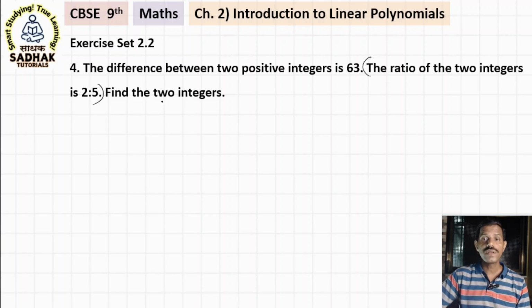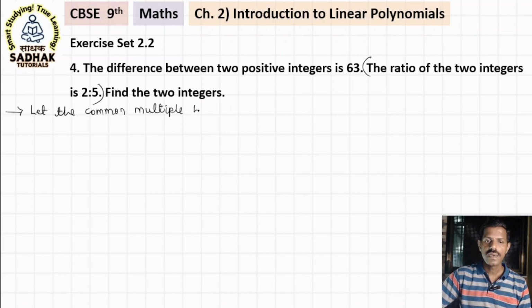The ratio of the given integers is 2:5. Okay, so that means they will have some common multiple. So that will be our first step. Let the common multiple be x. Okay, whenever we are given a ratio we can follow this method.